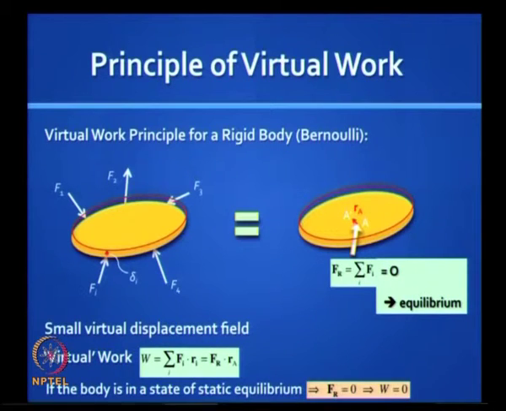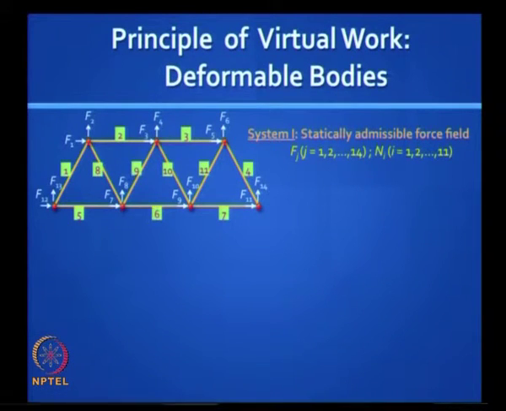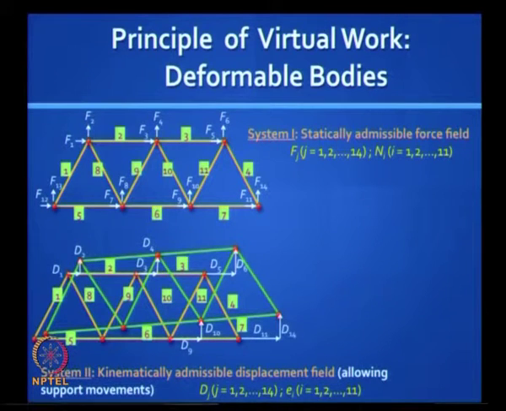Now although this was originally proposed for rigid bodies, this can also be applied for deformable bodies, and all our structures are deformable. If you go back to the earlier problem of the truss, we can actually extend the principle of virtual work to a more expanded and diverse application, where we can even visualize two identical structures and we look at the force field in one of them and the displacement field in the other.